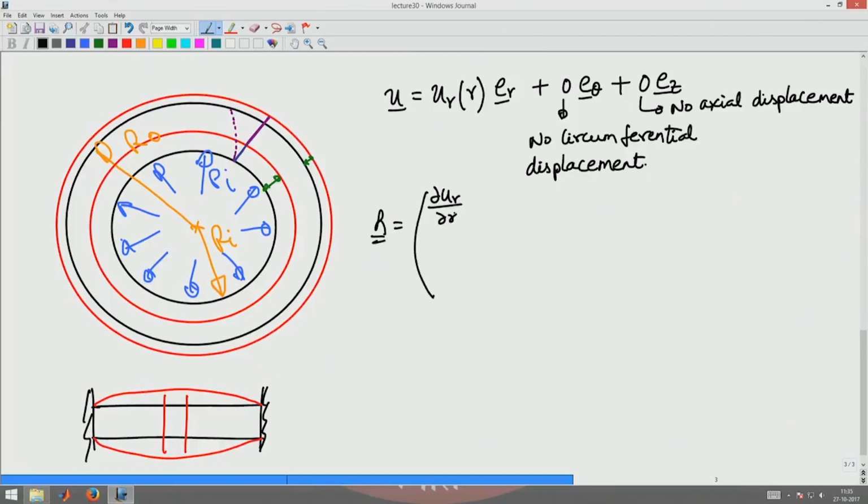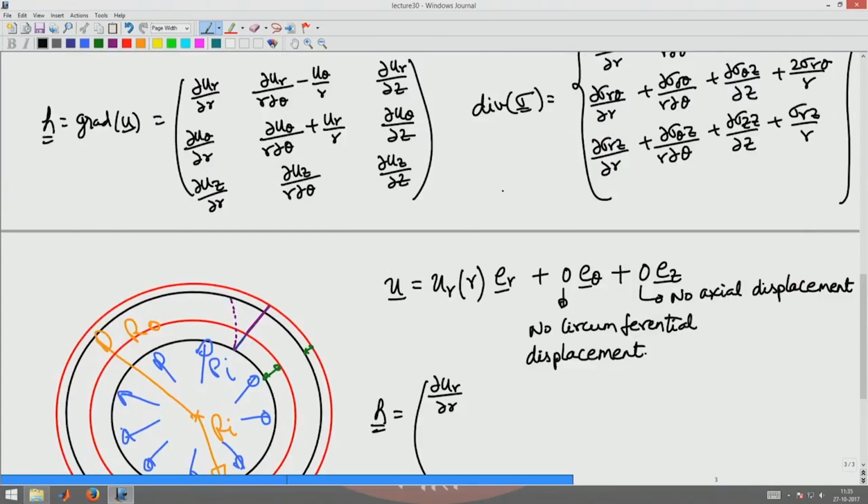from that expression in here, dou u r by dou r is the only component which is non-zero. Here u r as a function of theta is not there, so this is 0, u theta is 0, so this is 0, and this is also 0 because it is not a function of z.